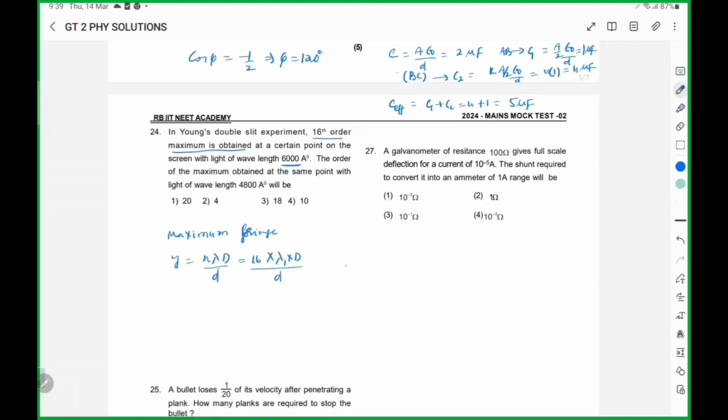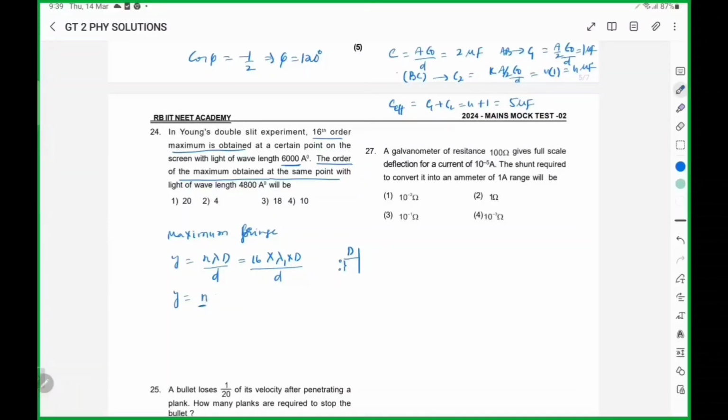Now, the slit width is not changed. Distance between slit and screen is not changed. The order of maximum obtained at the same point means y will be the same.